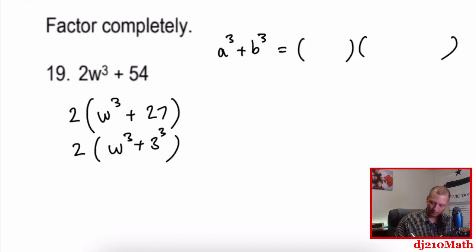So the pattern, if you remember from a prior video, is plus, minus, plus. So this is going to be A plus B, A squared minus AB plus B squared.